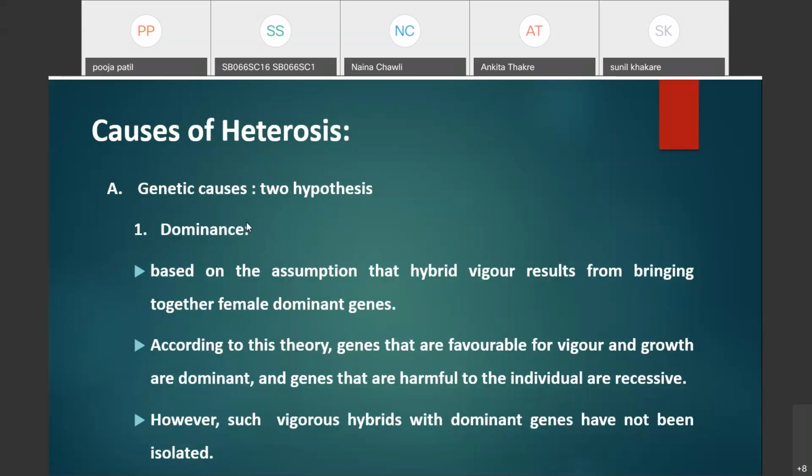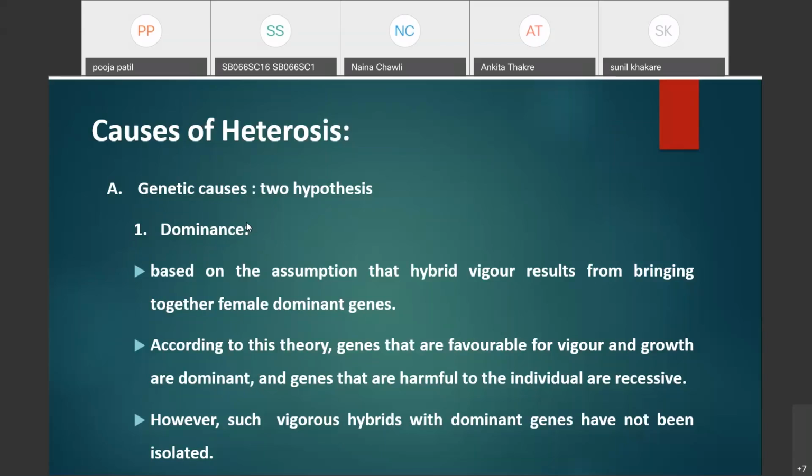First we are discussing the genetic causes. In the genetic causes, two hypotheses were proposed to find the causes of heterosis. The first one is the dominance and the second one is the overdominance.